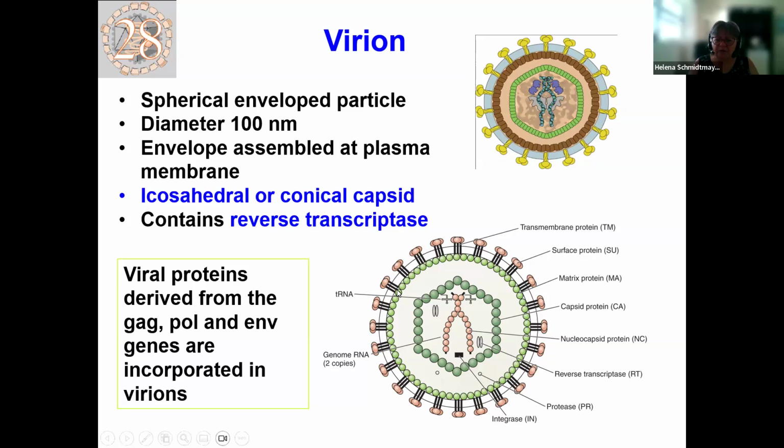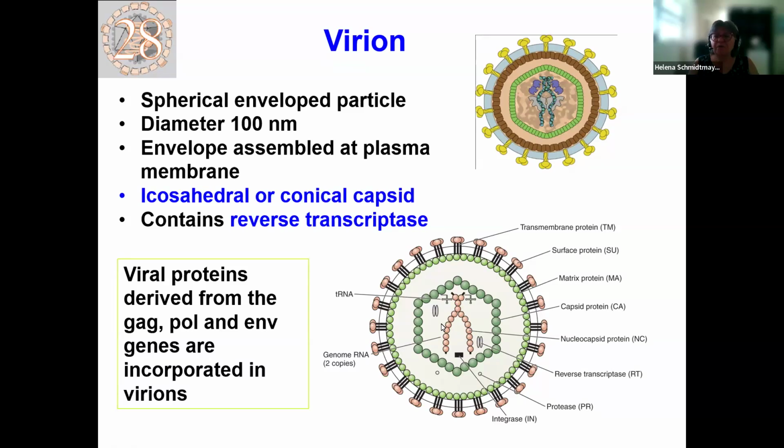The capsid is usually icosahedral or conical in shape. They also have a matrix. They package reverse transcriptase, and also they package integrase and protease in the virion. And the genome is single-stranded RNA.